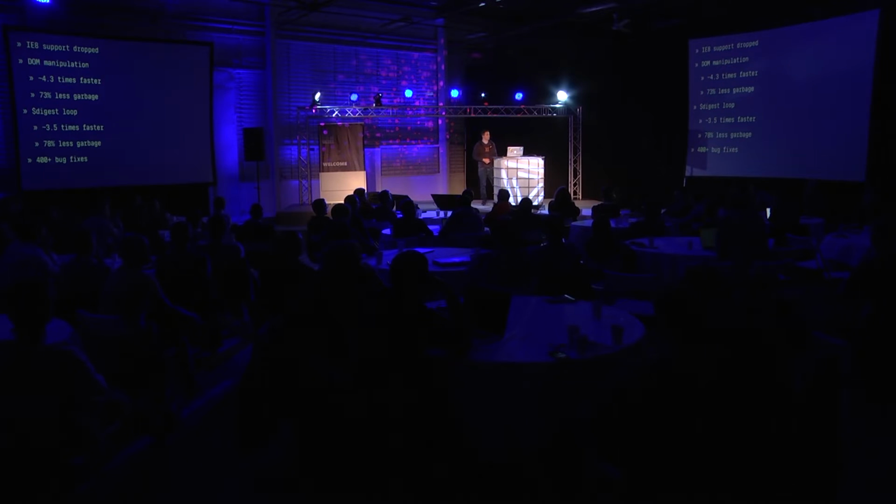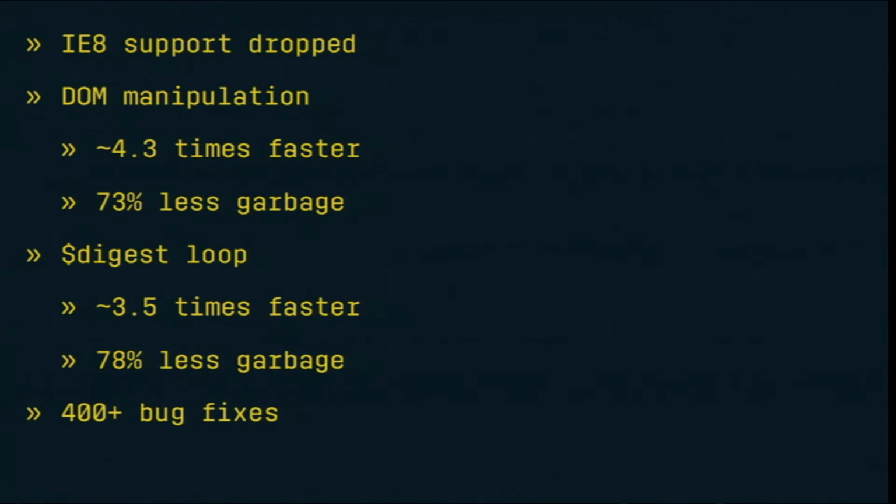OK, so from 1.2 to 1.3, they basically dropped all the IE8 support, which was fantastic. That removed a lot of, we'll call it junk, from the source code. These stats were taken from Angular 1.3: it's around 4.3 times faster to do all the DOM manipulation, 73% less garbage collection, and the digest loop, which is the main thing in Angular, which controls all the dirty checking and keeps our data in sync, is now 3.5 times faster.